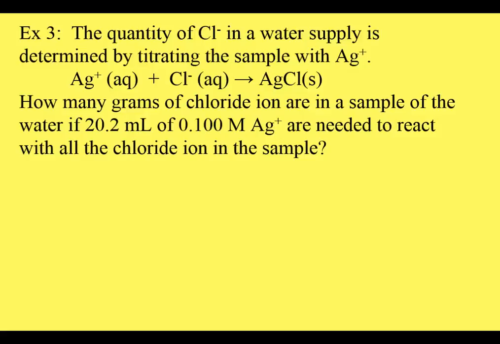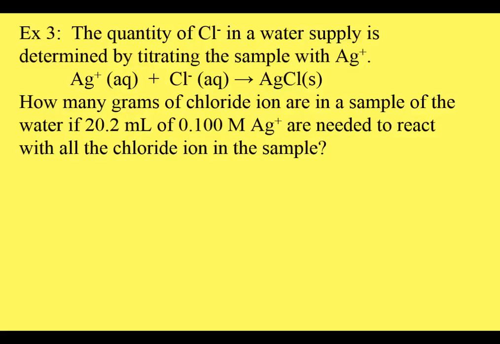The equation is as follows. Silver ions plus chloride ions yields silver chloride precipitate, or solid. The question is, how many grams of chloride ion are in a sample of the water if 20.2 mL of 0.1 molar silver ions are needed to react with all the chloride ion in the sample?